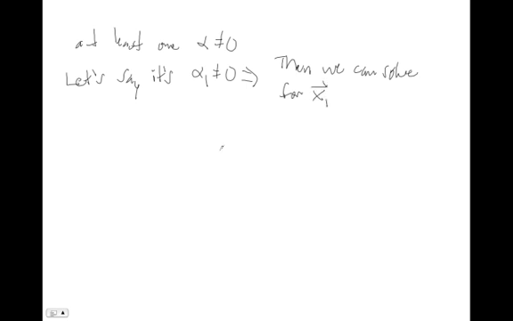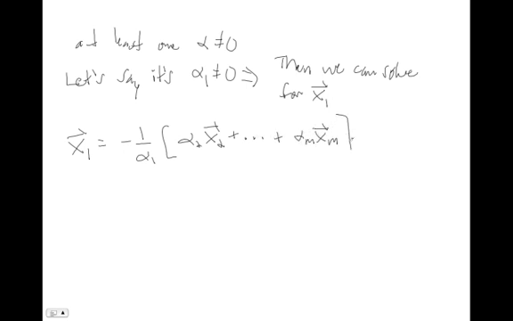And it's really easy to go back to the original equation and see what that would be. It would be that x1 is just equal to minus 1 over alpha 1 times all of the other ones added together. So alpha 2 x2 plus, plus alpha m xm.